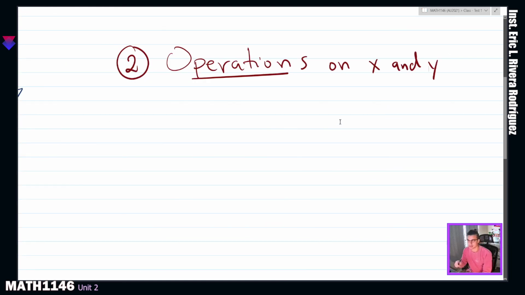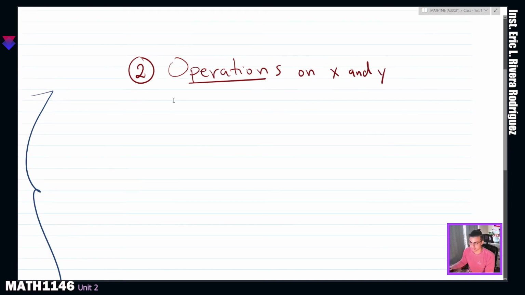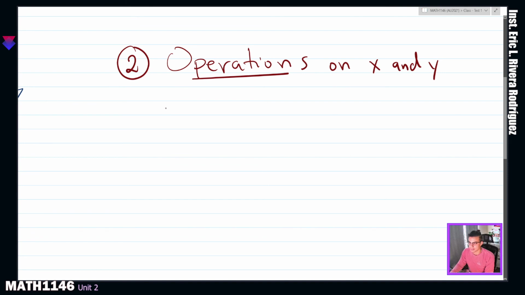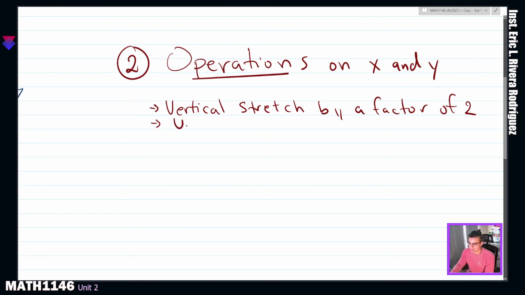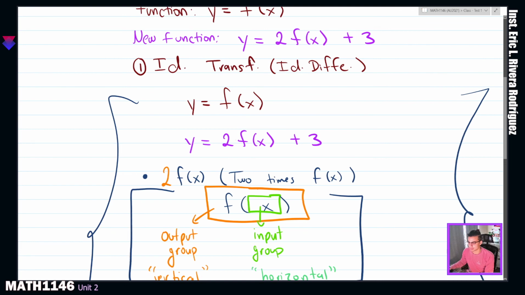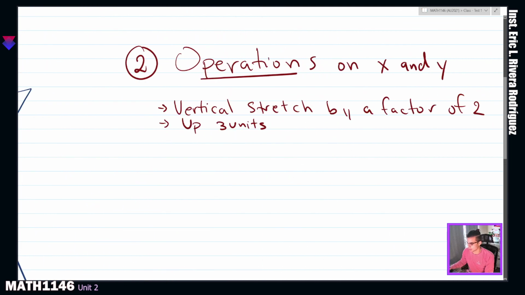And we are going to get those operations based on the transformation that we have. In summary, the transformations that we have are a vertical stretch by a factor of 2, and we have a shift up 3 units. Okay, so those are the two transformations that we have here.